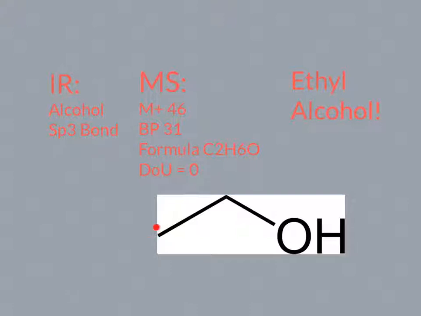A carbon here, 1 carbon, 2 carbon, bonded to an O and an H, so that accounts for our 2 carbons. Our O has 1 H, we have 2 hydrogens coming off of here, and 3 hydrogens coming off of this carbon. And that fits exactly what we have found in our spectrometry. So that is how we do it. That is how we get to the final structure and product, just by looking at infrared spectrometry and mass spectrometry graphs.